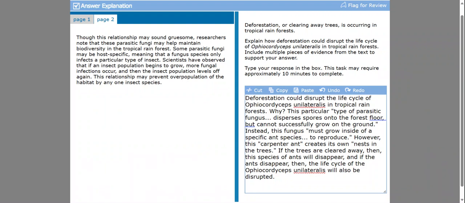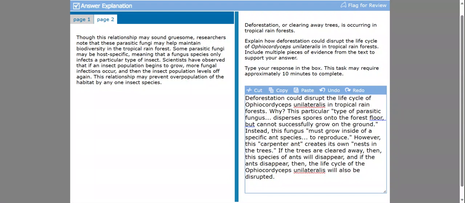Scientists have observed that if an insect population begins to grow, more fungal infections occur, and then the insect population levels off again. This relationship may prevent overpopulation of the habitat by any one insect species. Again, this is really interesting because it looks at the biodiversity overall of the rainforest.